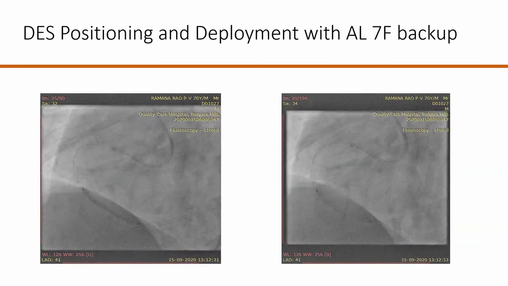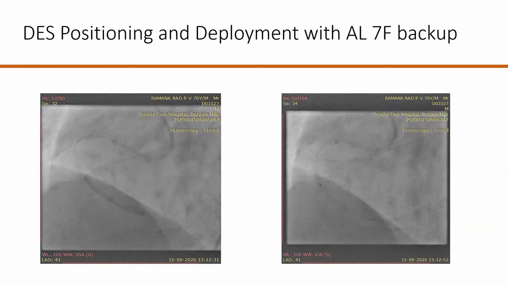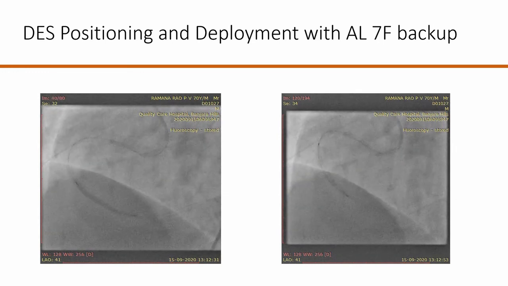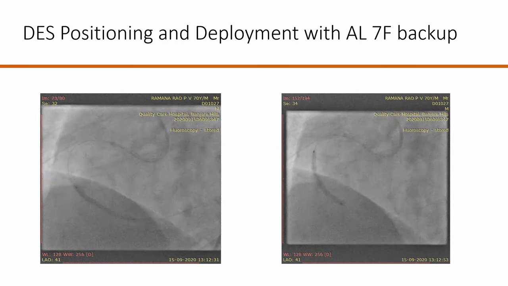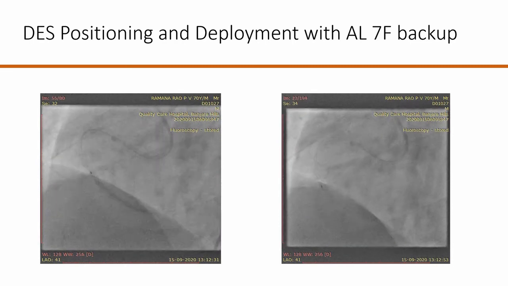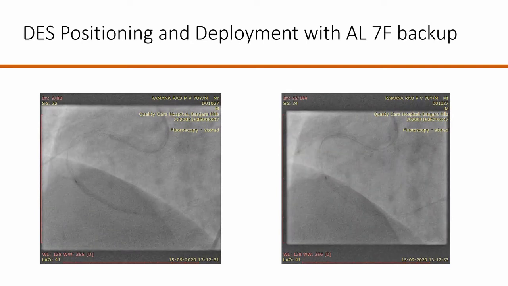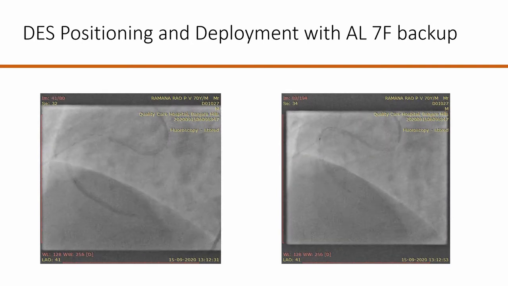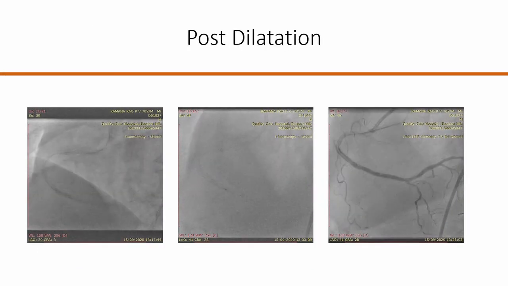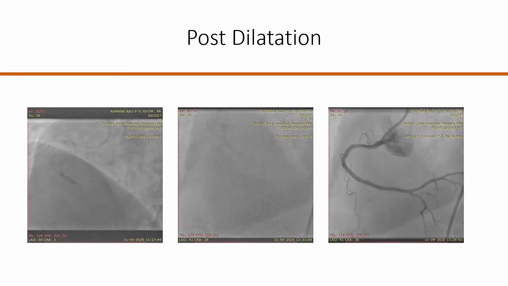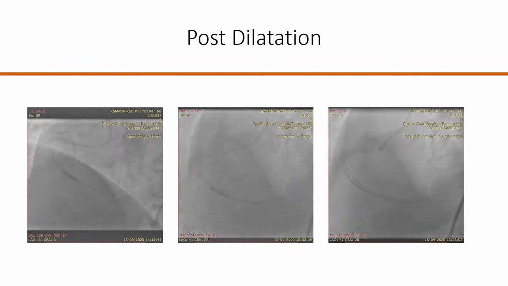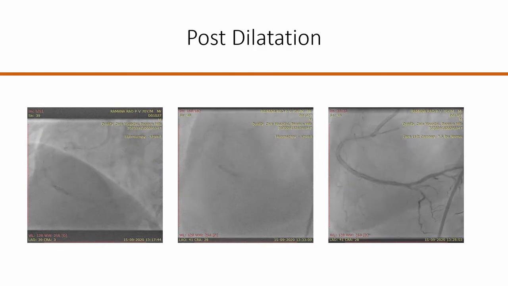As an alternative strategy, we took a 7 French Amplatz 1 guiding catheter, and with a buddy wire technique, we could successfully negotiate the 2.75 by 28 millimeter stent in the distal RCA segment, positioned and deployed adequately at 12 atmospheres. Subsequently, we post-dilated the entire distal RCA stent with a 2.75 by 10 mm balloon at 18 atmospheres.